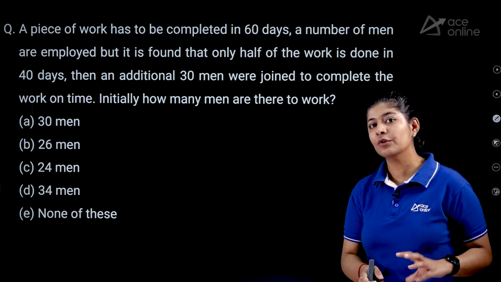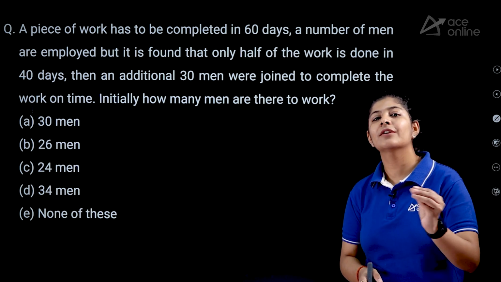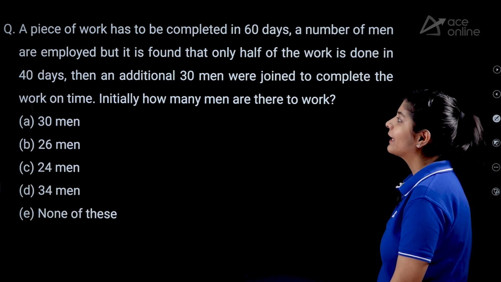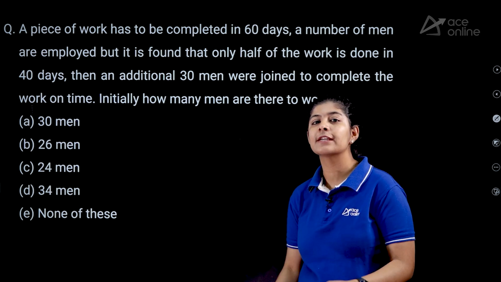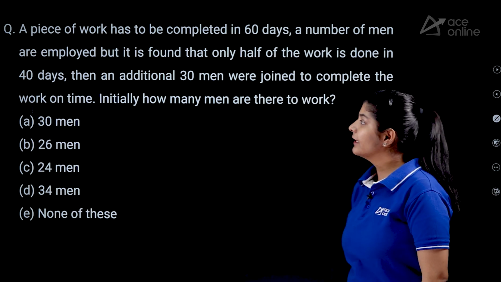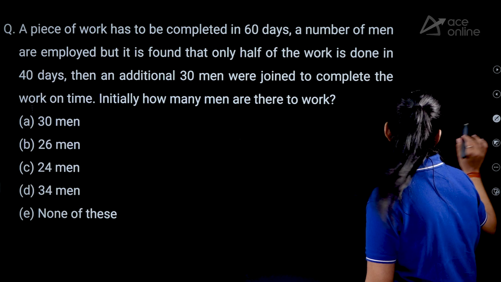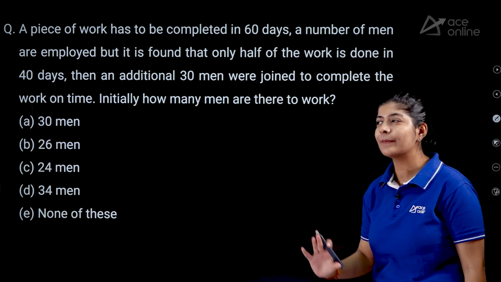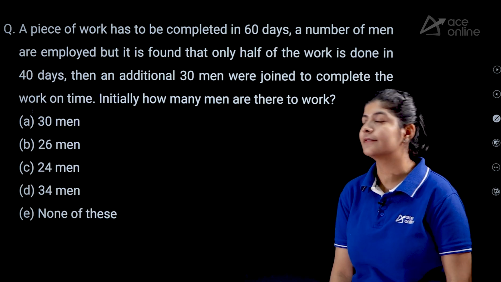Here what we have to do? We have to apply the concept of different work, because here we are just dividing the same work into categories. So this is a very simple question. All you have to do is apply the formula and you can easily calculate the answer.